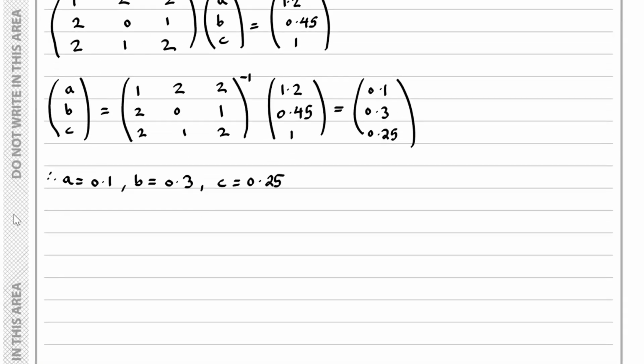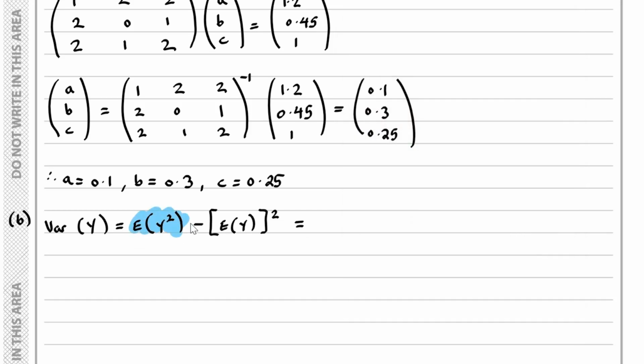So for part b, the variance of y, that's equal to the expected value of y squared minus the expected value of y all squared.